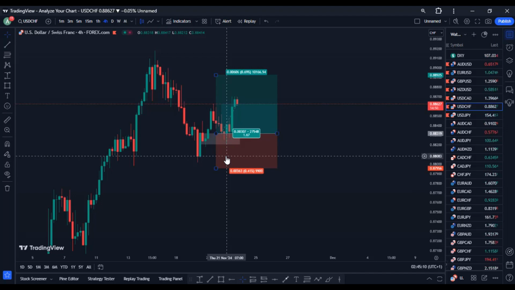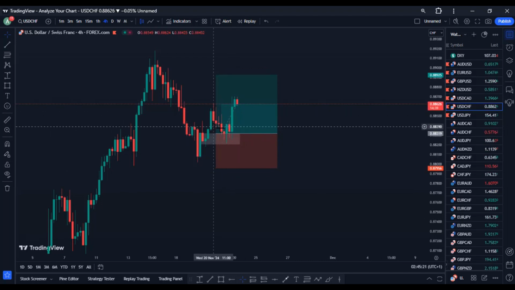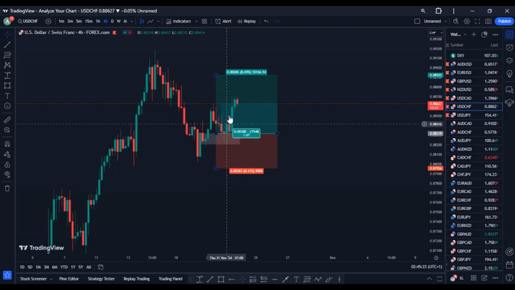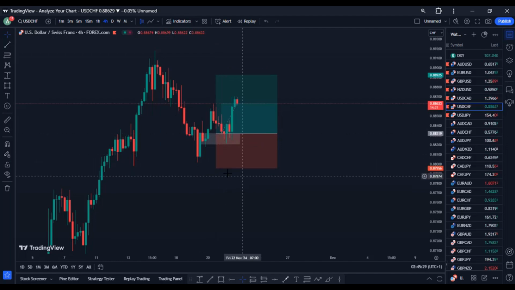Let's say we have a high impact fundamental event occurring in the market. If you don't set a stop loss, and let's say you're on this trade and the high impact event hits the market and the trade goes against you, if you don't have a stop loss order set on that trade, you're going to be losing more than this $100 that you wanted to initially risk on that trade.